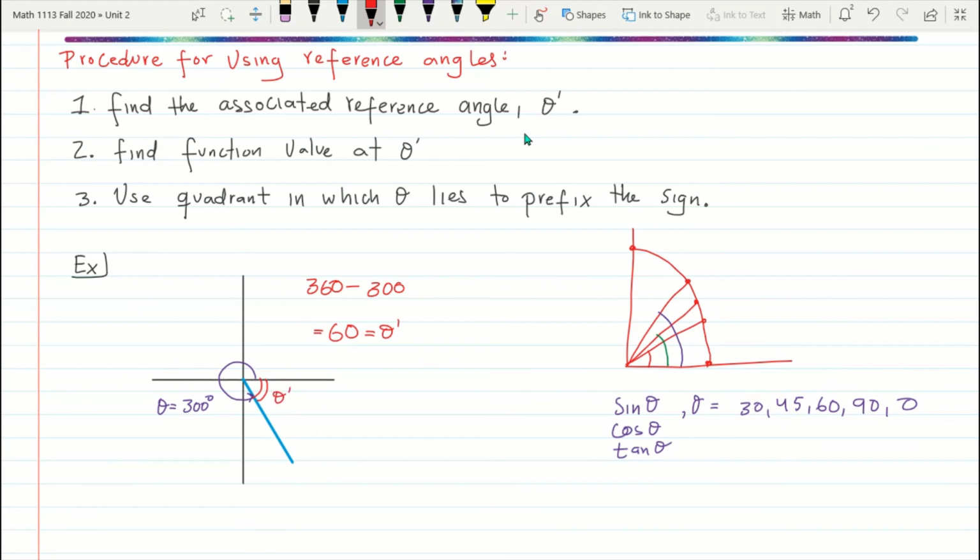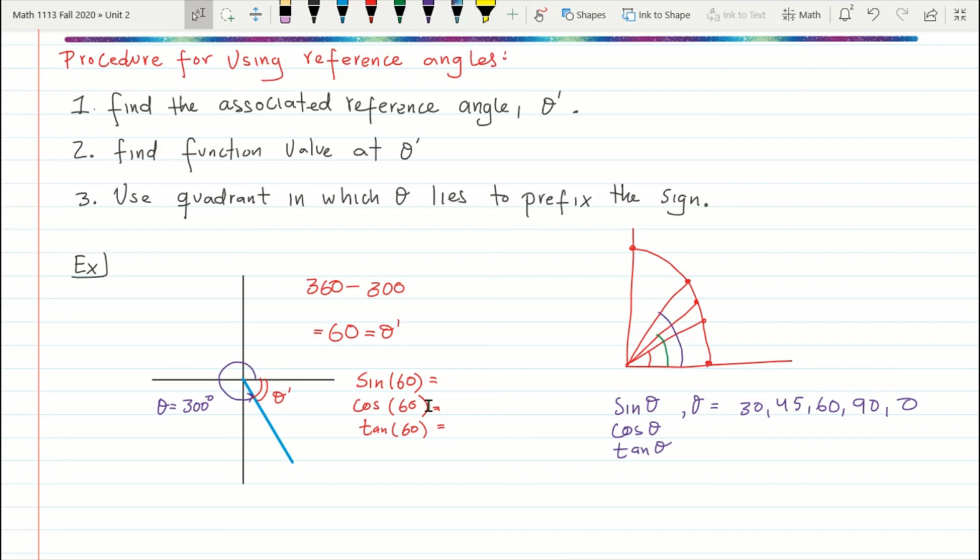So it is easier for us to find sine of 60, cosine of 60, tangent of 60. So step 2 would be: find the function value at theta prime, which is what I'm writing down right here. Then figure out the value of sine, cosine, and tangent at theta prime.